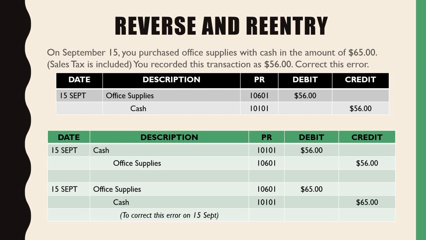And then, of course, your description is going to say to correct the error that you did on September 15. Okay? So again, that's how you use the reverse and re-entry. You're going to undo the transaction, and then you're going to redo the transaction, but this time with the correct amount. So that's the reverse and re-entry.